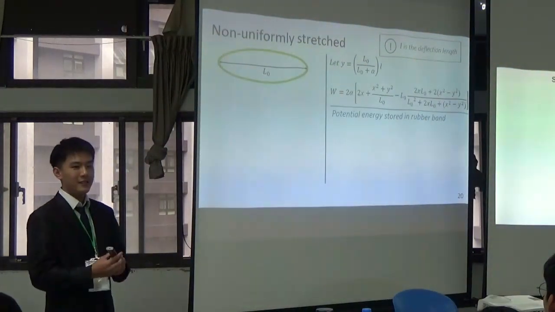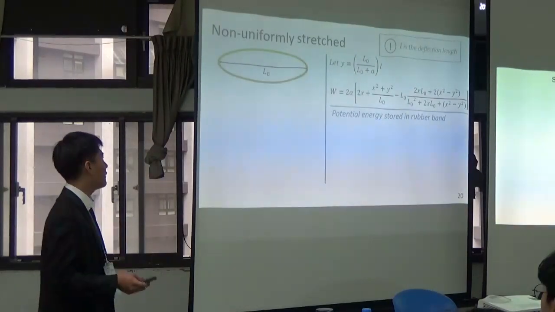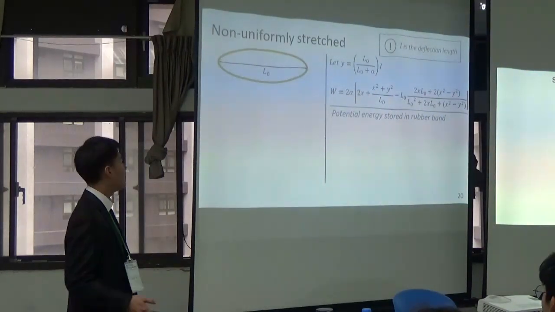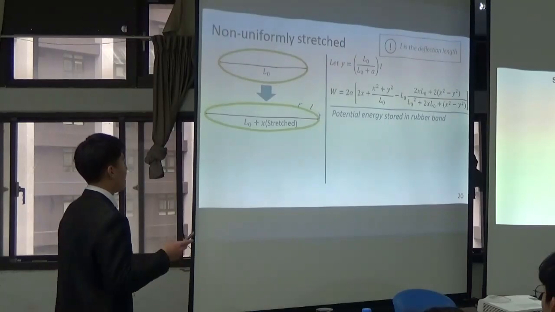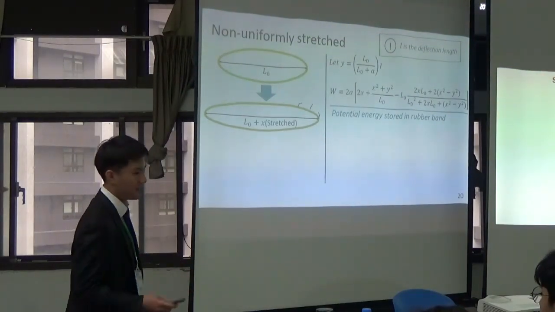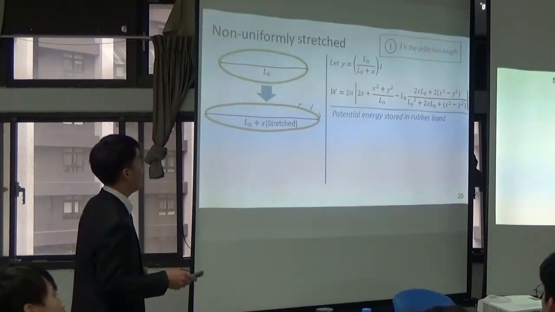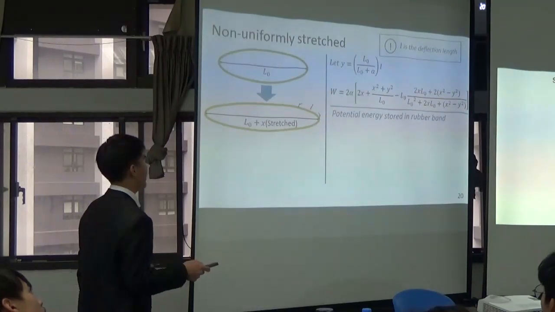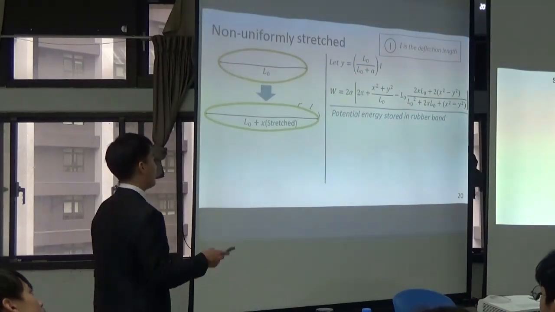And here's the theory for the non-uniformly stretched case. First, we have to non-uniformly stretch it, and as you can see here, we let y be this quantity, so we can easily calculate it in our theory.